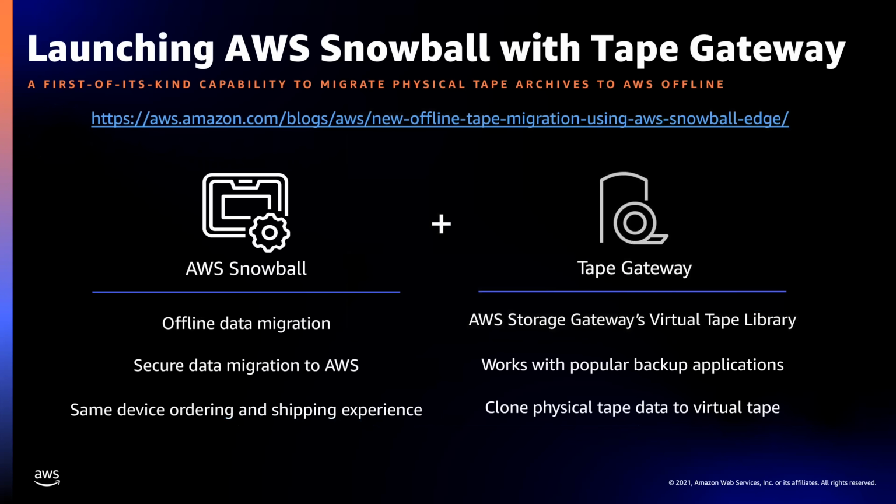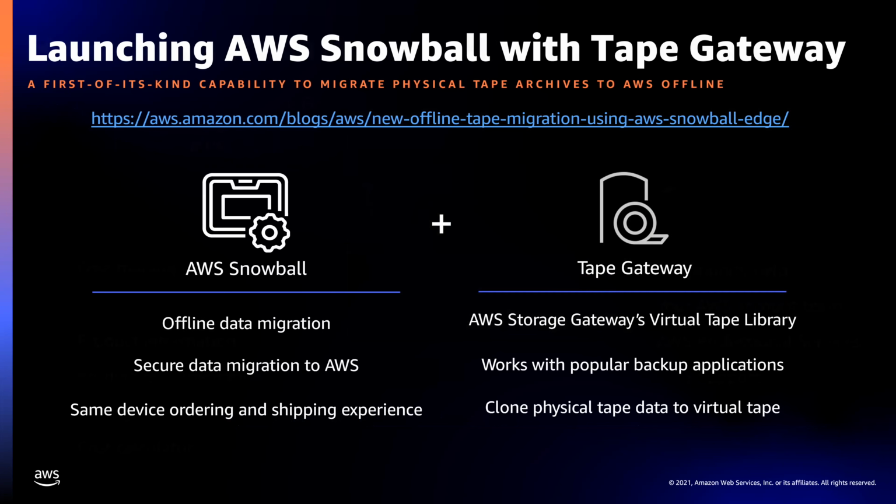Now, bringing this all together, we actually launched AWS Tape Gateway with AWS Snowball as an option as well. So if you want to transfer your existing tape libraries to AWS, but you don't want to do that over the wire, you can actually use Snowball to do that transfer.